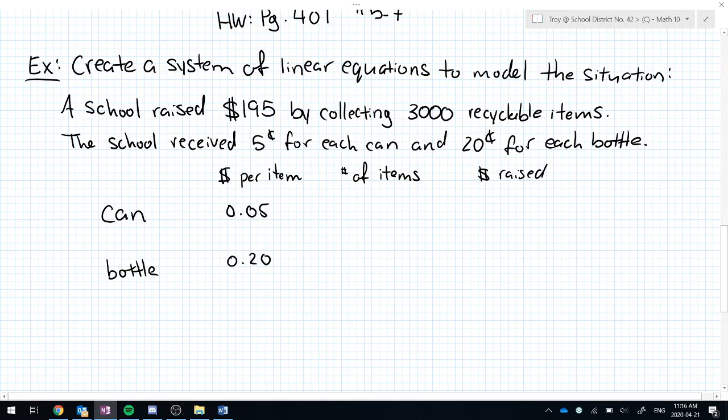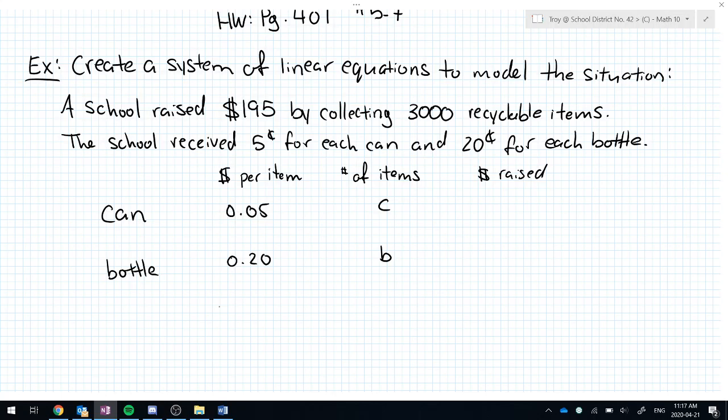So we're going to pick some variables to represent the number of cans and the number of bottles. We'll say C for cans and B for bottles, and we can use those variables with the information we already know to find out how much money we're going to get from those items.